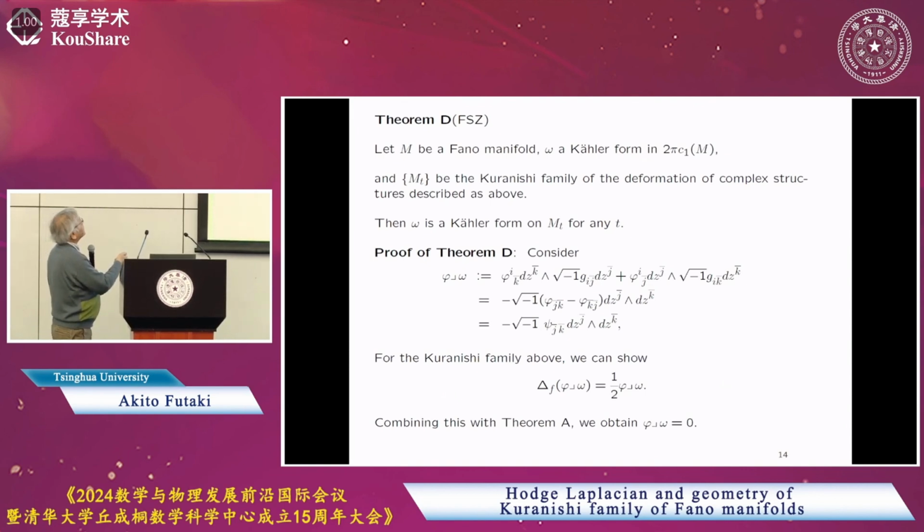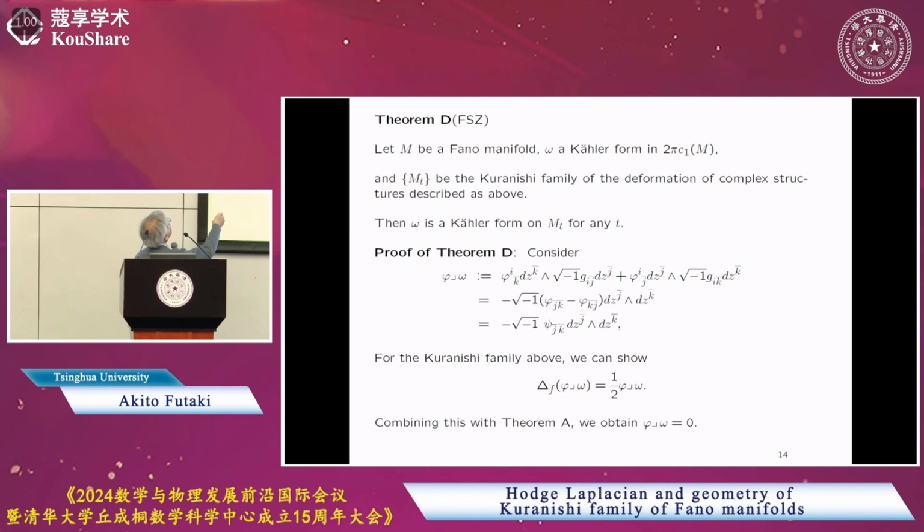So what we want to show is that we started with a Kähler metric on M0, and then we consider deformations. And from the rigidity of Kodaira-Spencer, Mt still is a Kähler manifold, but we are tempted to know whether this original Kähler form still remains to be a Kähler form of these deformations. And this is yes.